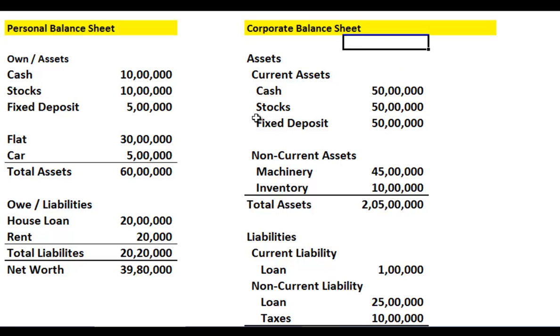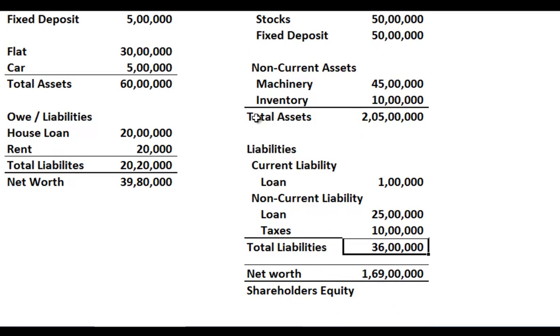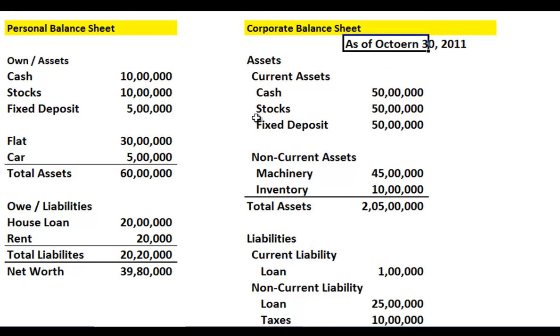For example, this company's balance sheet is going to be as of October 30th, 2011. What that essentially means is, as of October 30th, 2011, it had 50 lakhs of cash in the bank, 50 lakhs in stocks, 50 lakhs in fixed deposits, 2 crores in assets, 36 lakhs in liabilities, and 1.69 crores in net worth or shareholders equity. And it is as of a specific date.